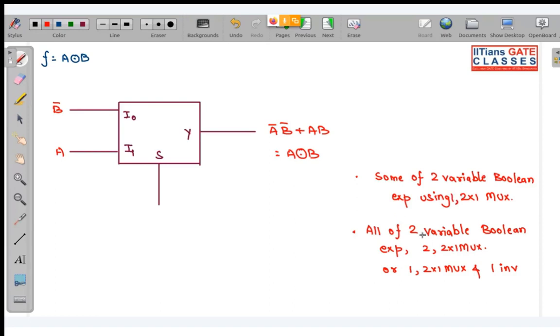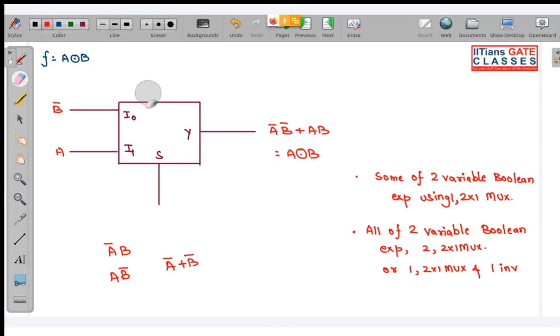But all of the two variable Boolean expressions, like this expression, even this expression I can make. For such expressions, I require a minimum of 2 mux, or 1 inverter and 1 2 cross 1 mux. Are you understanding what I am trying to say?